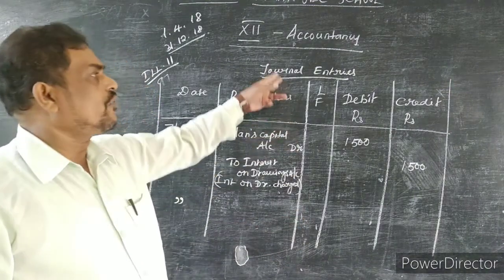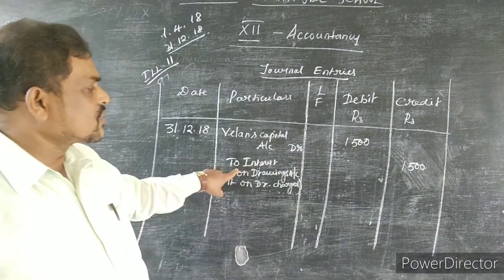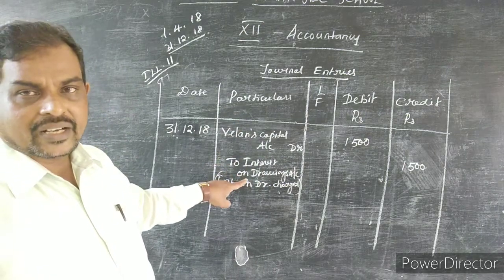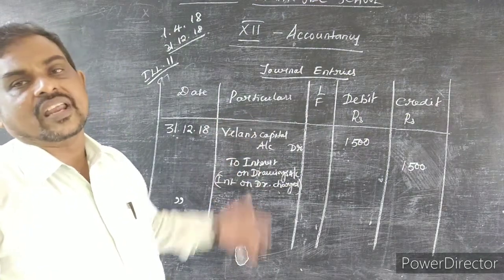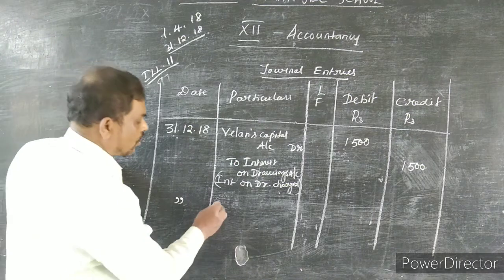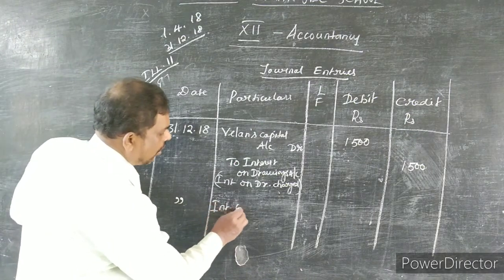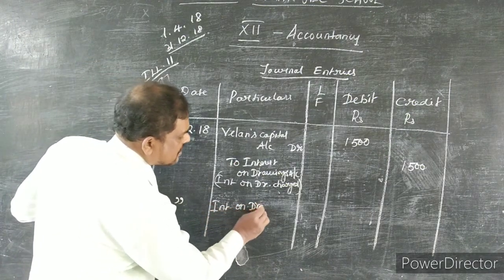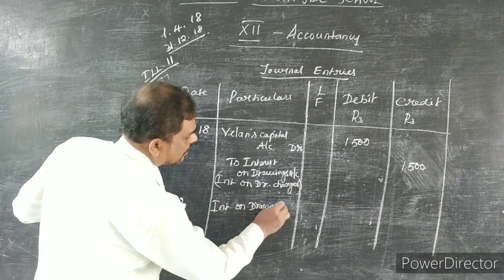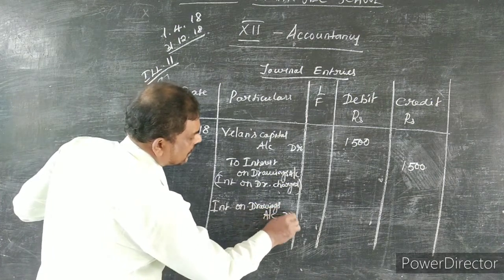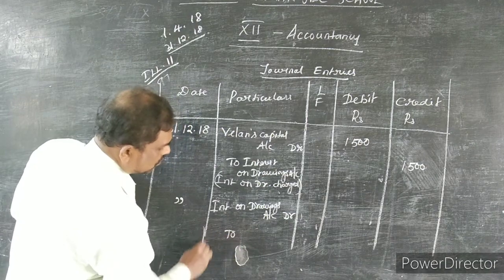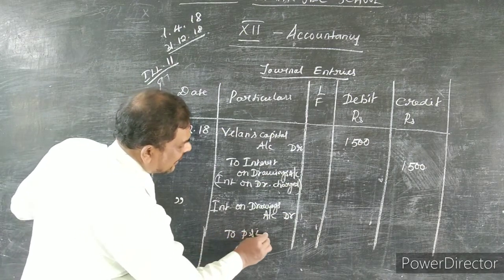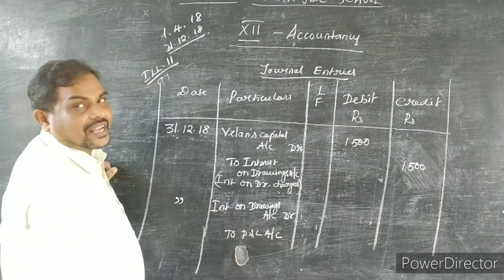What is the transfer entry for interest on drawings? Here the interest on drawings in the adjusting entry will be credited, so automatically in the transfer entry it will be debited. So interest on drawings account debtor to P and L account, profit and loss account.